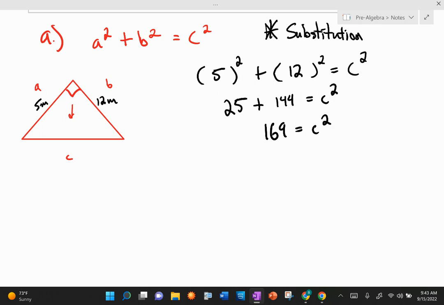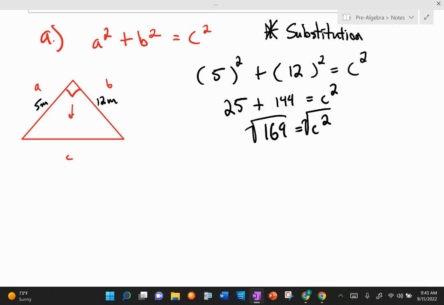Okay, so now we have 169 equals c squared. Now, is c squared the hypotenuse? No, what is the hypotenuse? It's whatever the square root of 169 is. Because we got to get rid of what? To actually find c, we got to get c by itself.